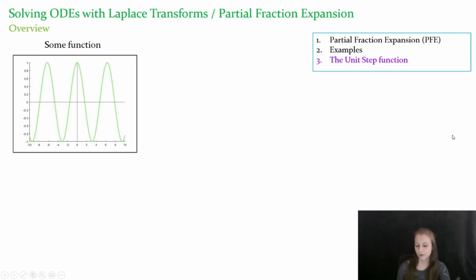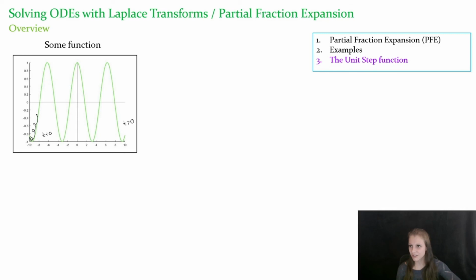Okay, one more example of this. So I think this is a cosine function. And as you can see, for t less than 0, we have a wave. And then for t greater than 0, we also have a wave-looking function.